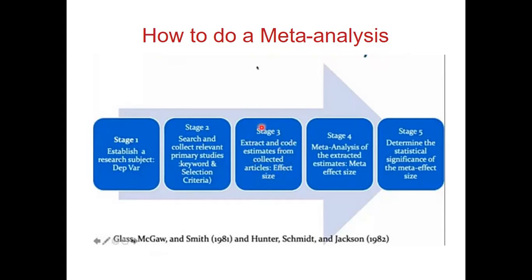Now, this is meta-analysis per se, which we shall be looking at, how to do the effect size and how to quantify. Then stage number four, meta-analysis of the extracted estimates, okay? In which case we do the actual meta-analysis, and then we determine the statistical significance of the meta-effect sizes, okay?